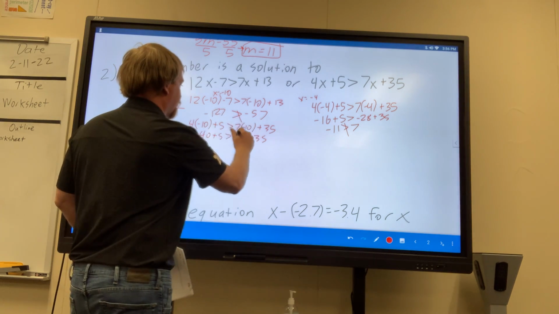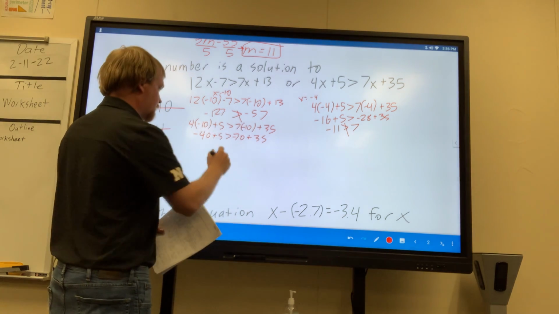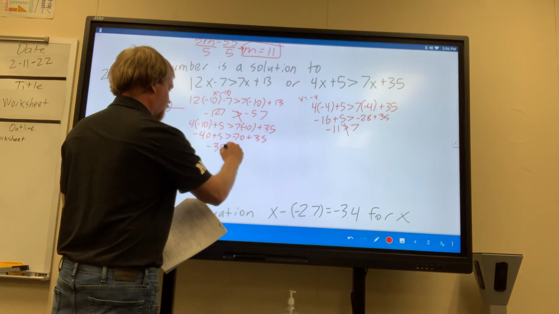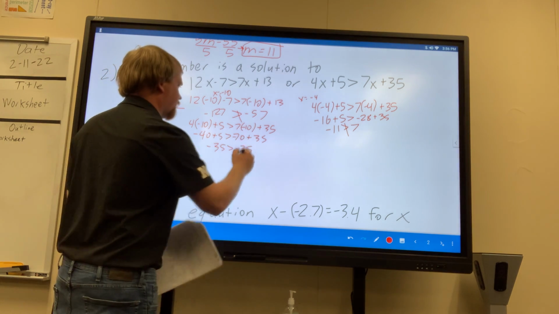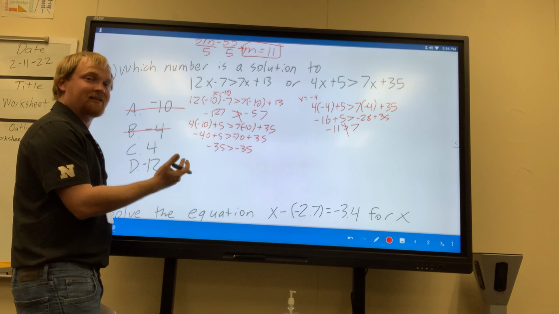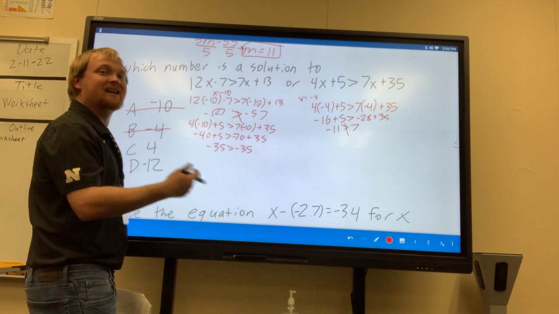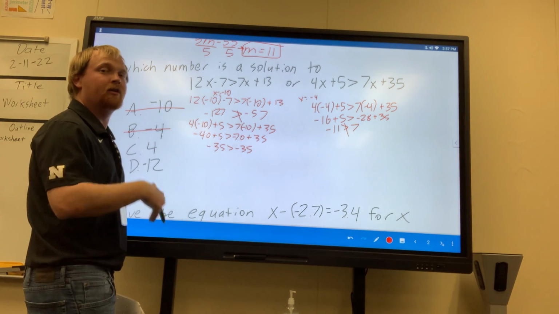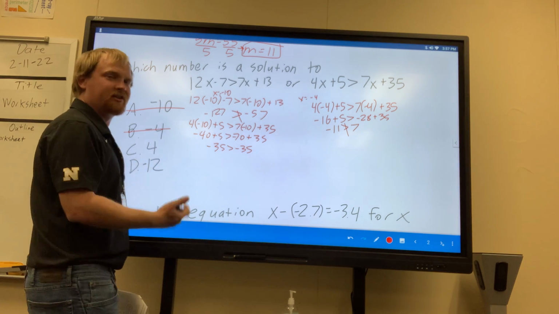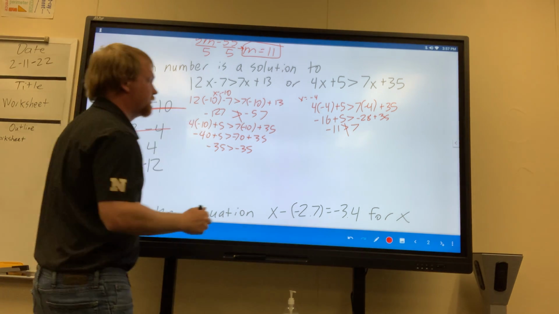Oh, -10. So -35 greater than -35. And it's not really true because it's not equal to. There is a greater than or equal to, but that's not the case here. So this is definitely false.